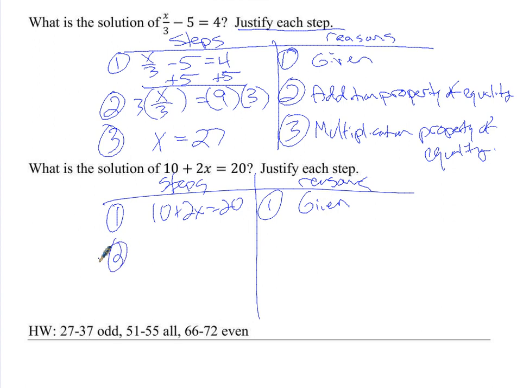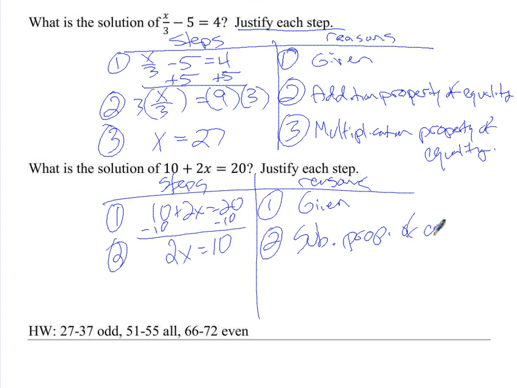Okay, step 2. Good, to get there we're going to subtract 10 from both sides, and my answer will be 2x equals 10, and what allowed me to do that? Subtraction property of equality. Those are acceptable abbreviations there.